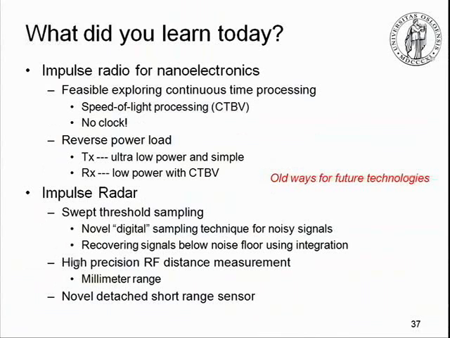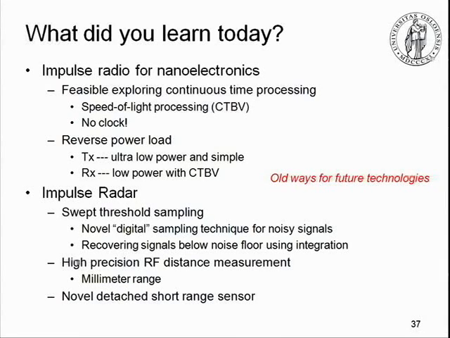So my last slide. What did you learn today? I hope I really got you on something that you haven't heard before. We can make an impulse radar in nanoelectronics, off-the-shelf, cheap technology. And we can make very low-power transmitters and also low-power receivers using continuous time binary value.